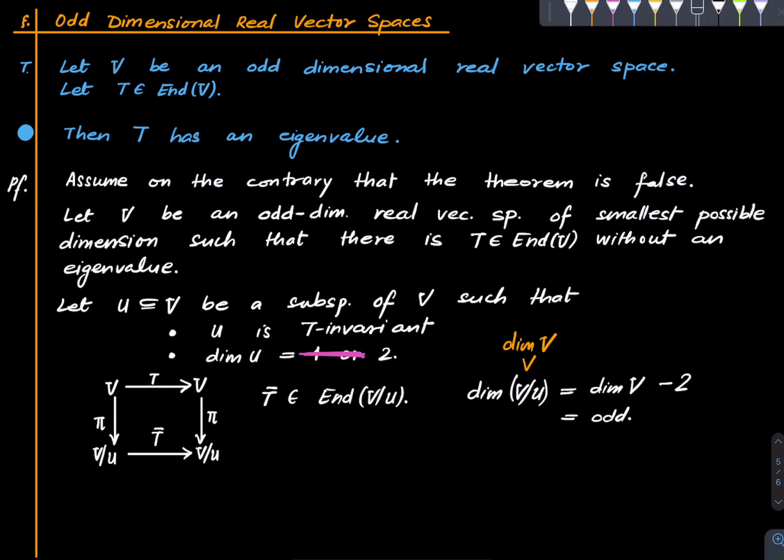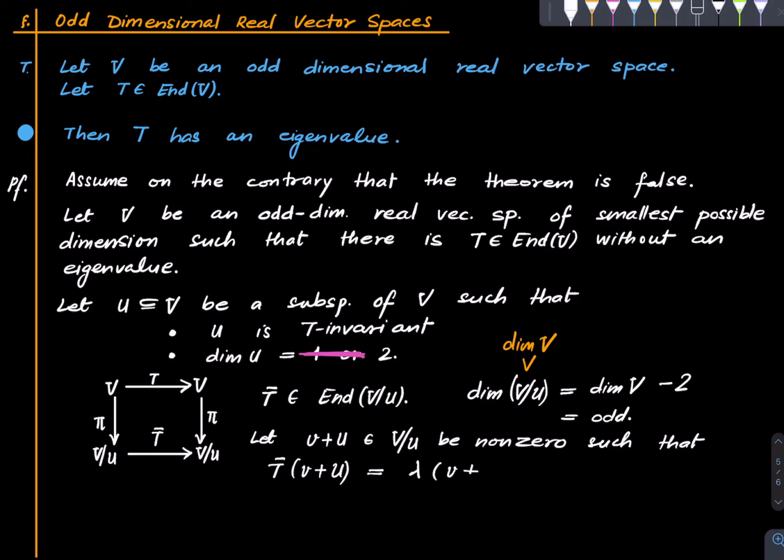So let v plus U in V mod U be non-zero such that T bar of v plus U is equal to lambda times v plus U for some lambda in the base field, which is the reals.